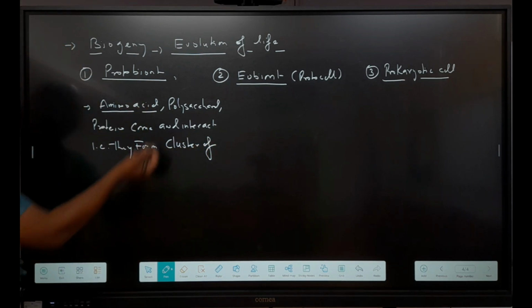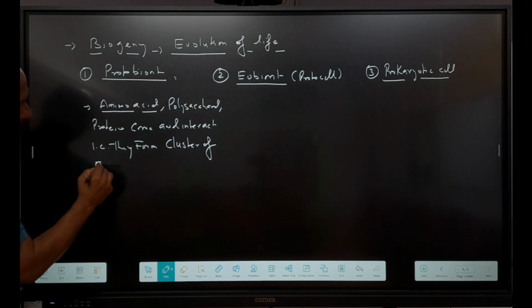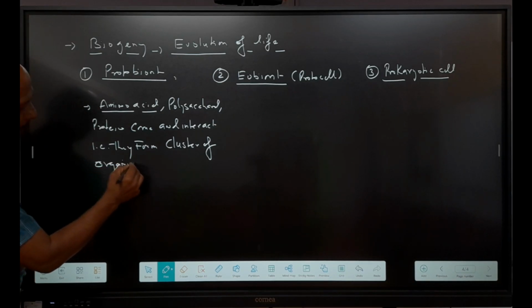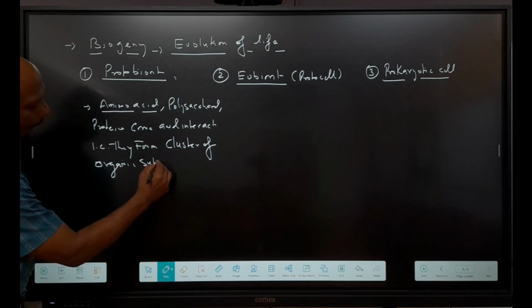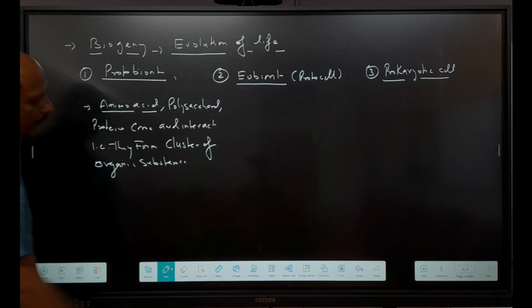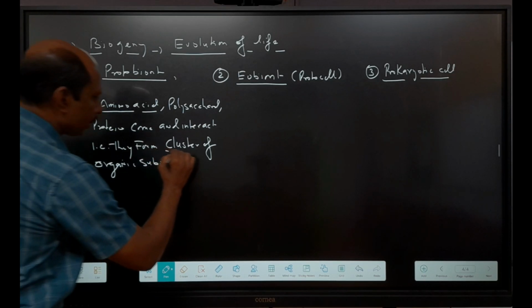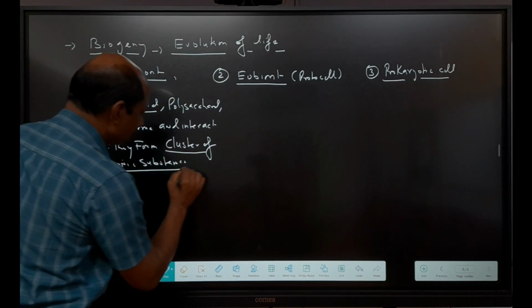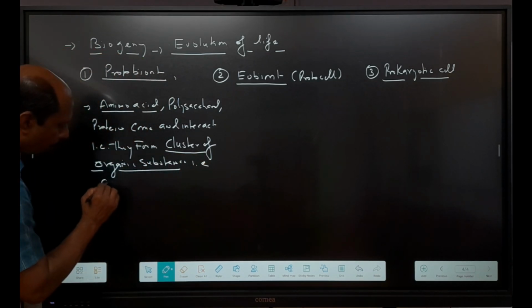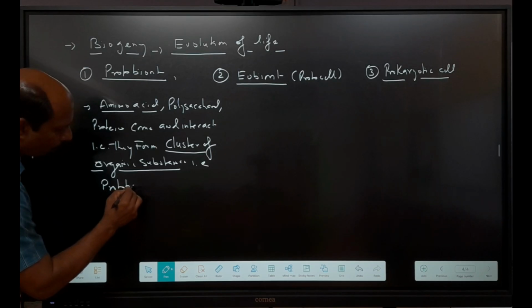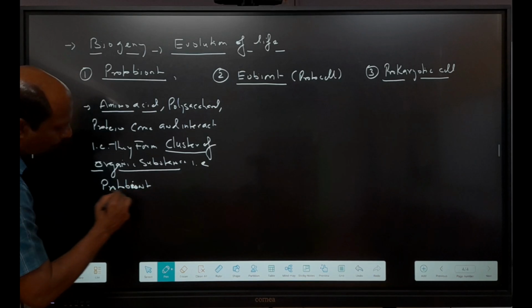Cluster means group of these organic substances. So this cluster of organic substances is called protobiont. Protobiont, B-I-O, right? Protobiont.